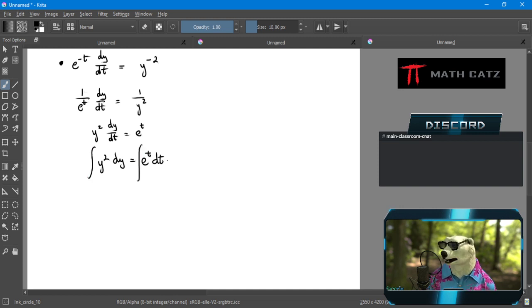When they're separated, integrate both sides. Now do them in isolation. The left-hand side is just an antiderivative question in y. The antiderivative of y squared will be y cubed with a 1/3 correction. The antiderivative of e to the t with t as my variable is e to the t. Group all the constants. General solution.